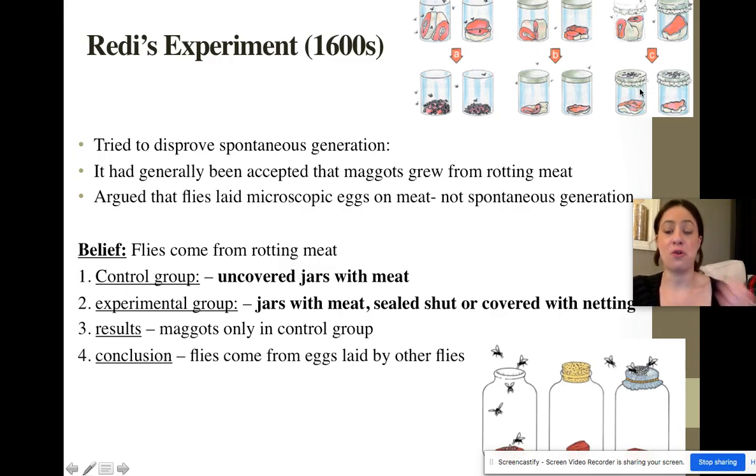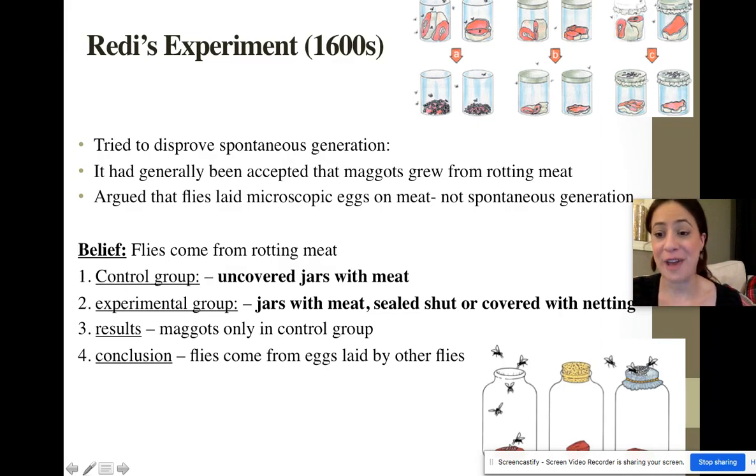Now, the people who believed in spontaneous generation believed that there was a force in the air that could turn meat into maggots. So they would have said that in this group here, of course, the meat didn't turn into maggots because the vital force couldn't get in. But they were left speechless.